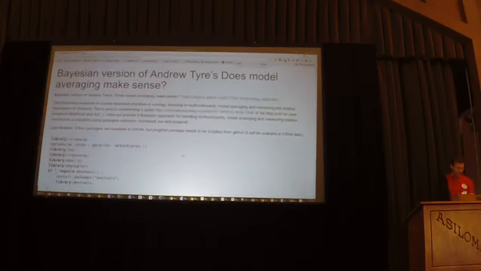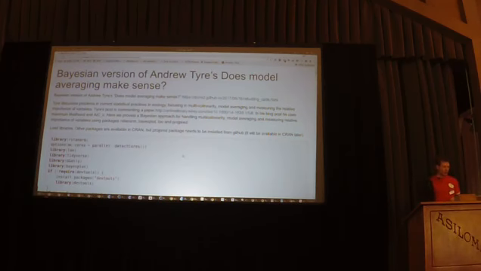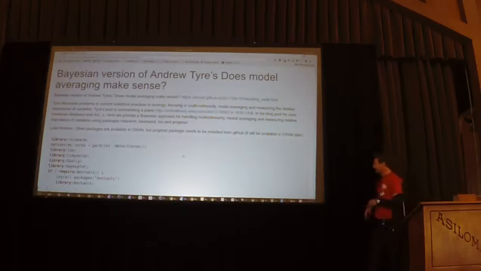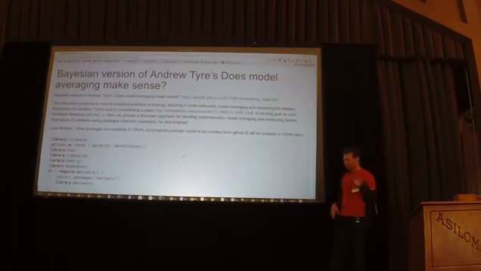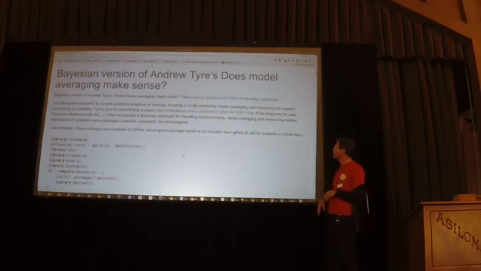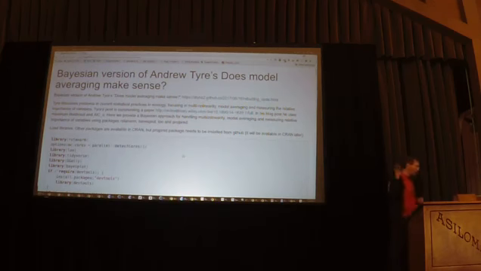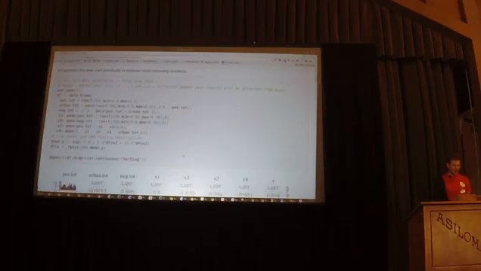So last year, I happened to see this Andrew Gelman's blog post, Does Model Averaging Make Sense?, where he was using AIC and stepwise regression and things like that, and I wanted to make a Bayesian version of that. And the good thing was that the notebook included nice collinear data.